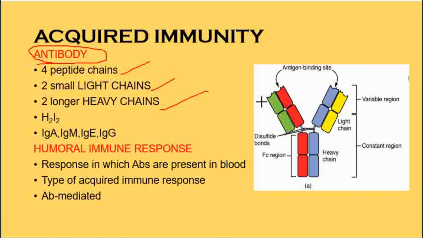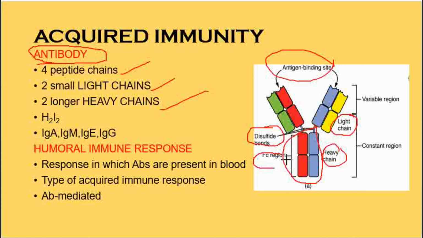Since it's a protein, you can see the heavy chains and the light chains here, and also the antigen binds in this part of the antibody, and you can also see the disulfide bonds here. This part of the antibody is known as the Fc region and this is known as the Fab.